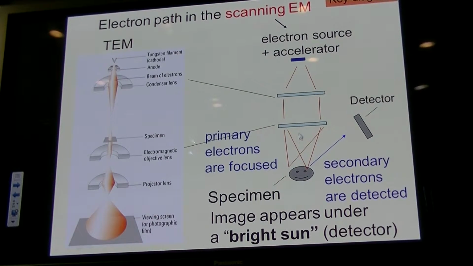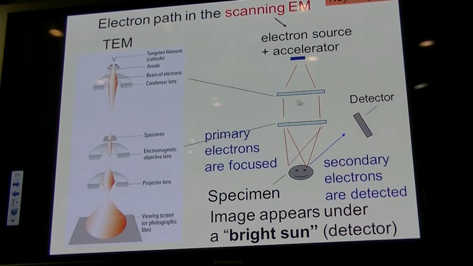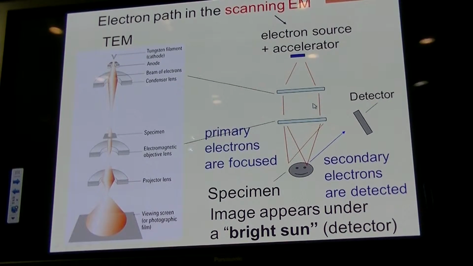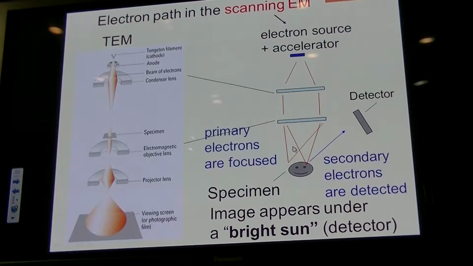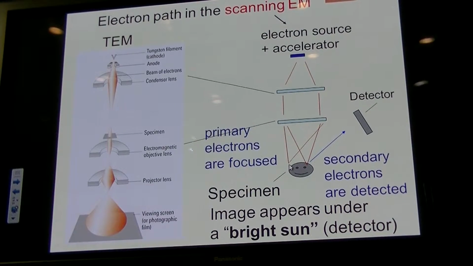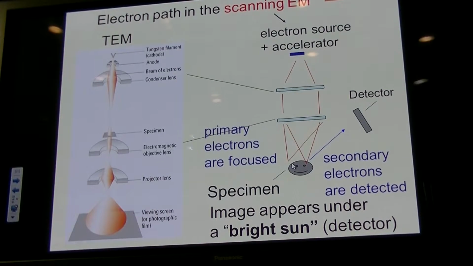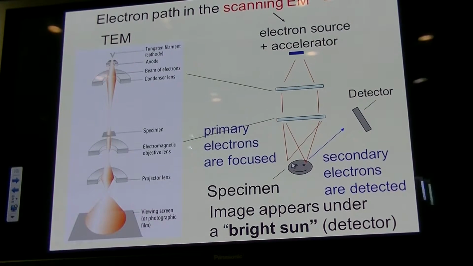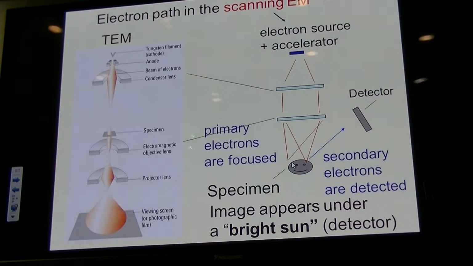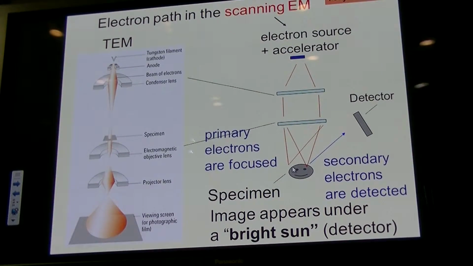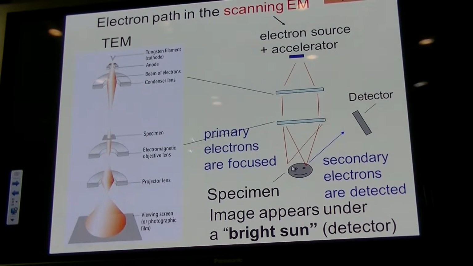Then they're focused, so you have a system of focusing lenses. And this focuses this primary beam of electrons on one part of our specimen. And the position of that focusing point is changed over time. That is the scanning process. It's very similar to the fluorescence laser scanning microscope.